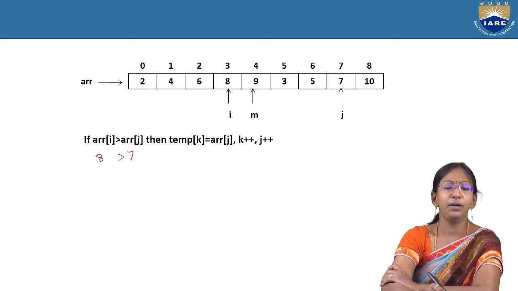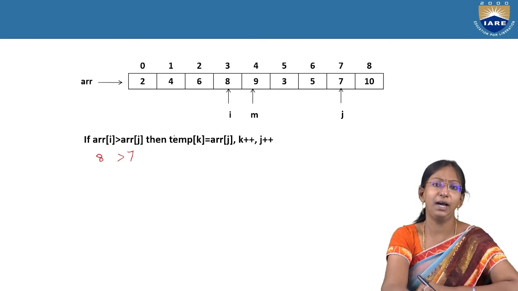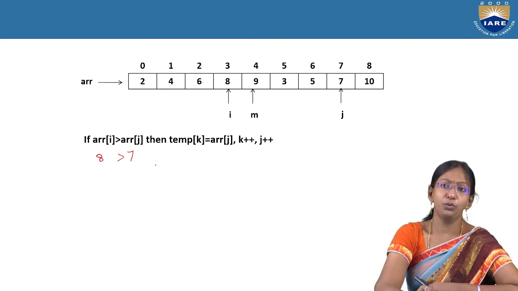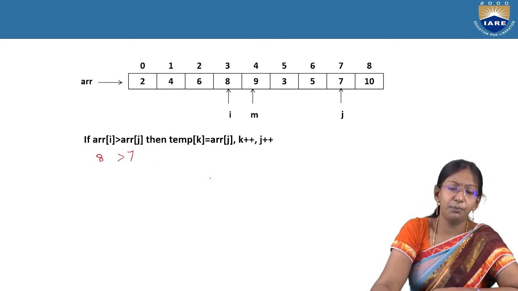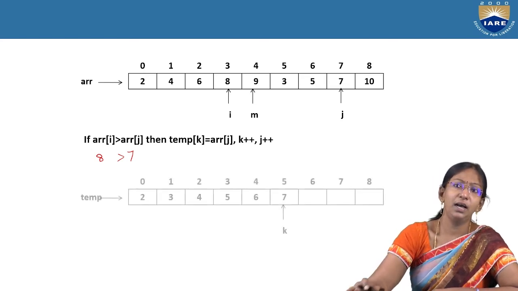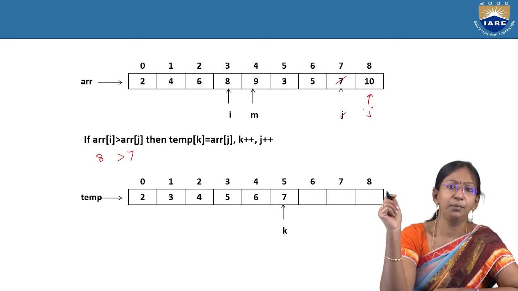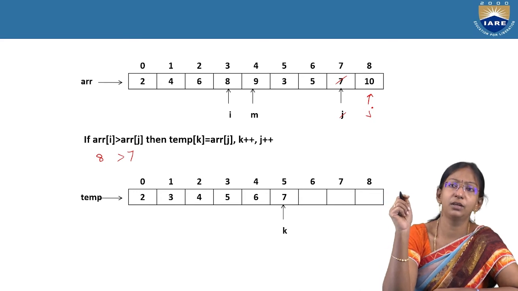So the element pointed by j is lesser when compared to the element pointed by i, right? So what to do now? Just copy the element pointed by j into the temporary. And I've copied that. As the element pointed by j is used, I'm going to increment j.